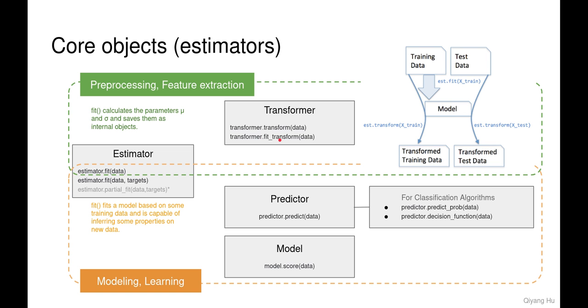All those four main objects form the building blocks of the models or algorithms we, as end users, use. In practice, we define one class which can implement multiple interfaces or methods together. Say you define a class, and the class can at the same time have the fit method, the predict method, and the score method as well.